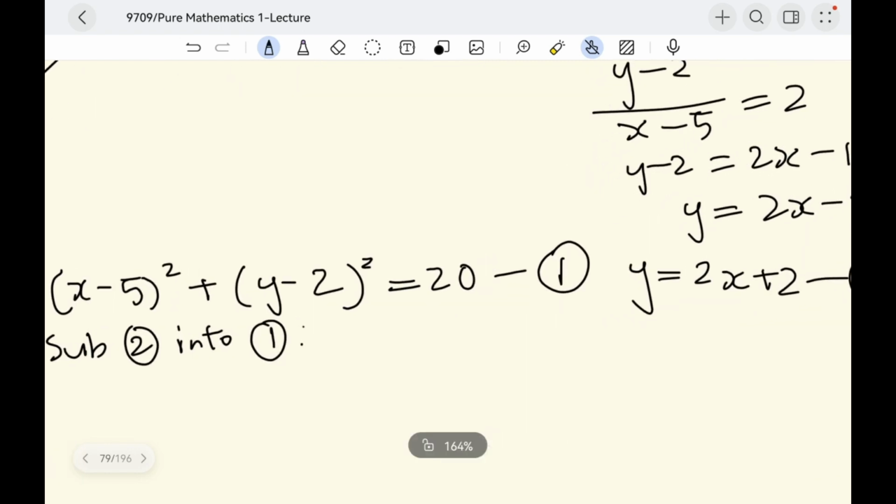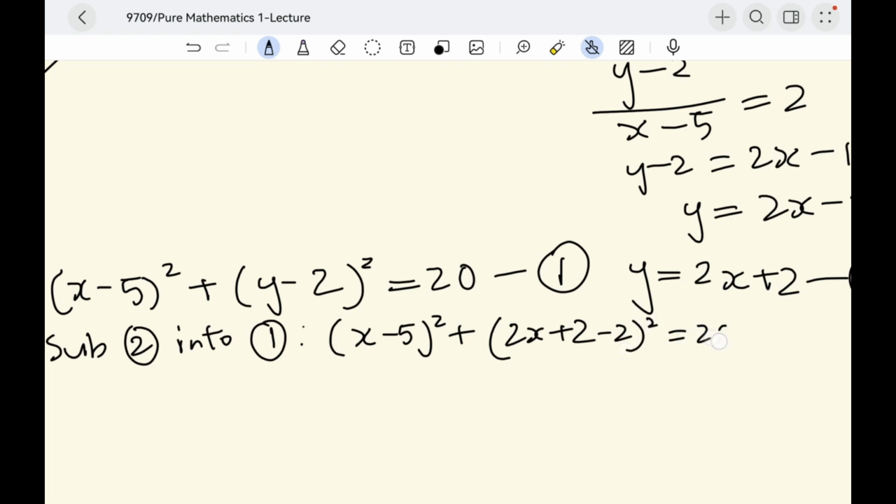Alright, so I have (x minus 5) squared plus, what is y? It is 2x plus 2, minus 2, which is 2x. So I can have x squared minus 10x plus 25, and if you square 2x, you get 4x squared, equals 20.